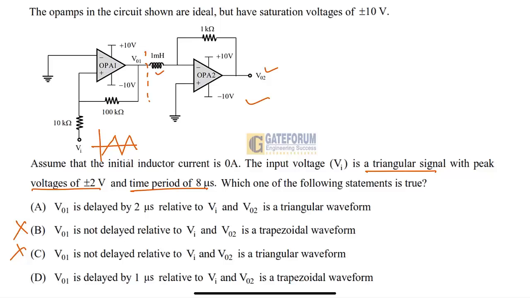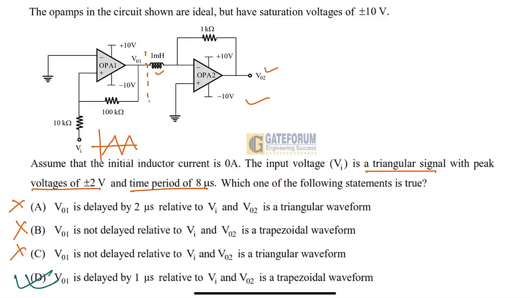By how much time? We got it as 1 microsecond. As per that, option A is also not correct. So by selection and rejection, we can say that option D is the right answer without finding the second portion of this question, because in the exam we have to save our time.